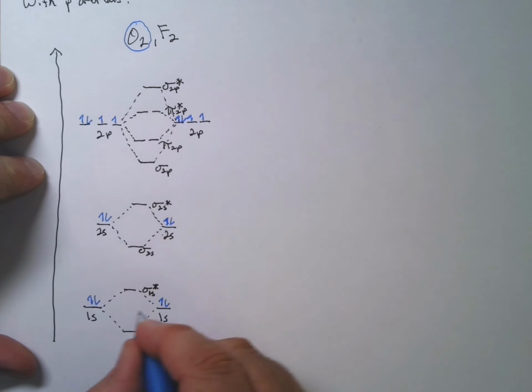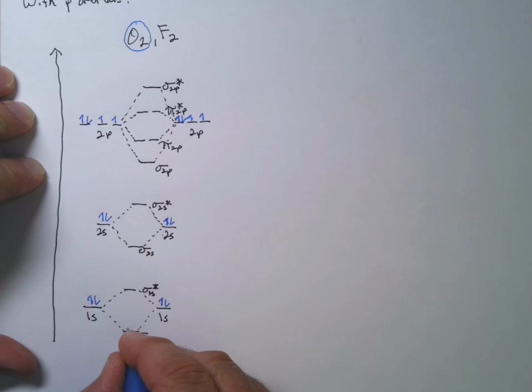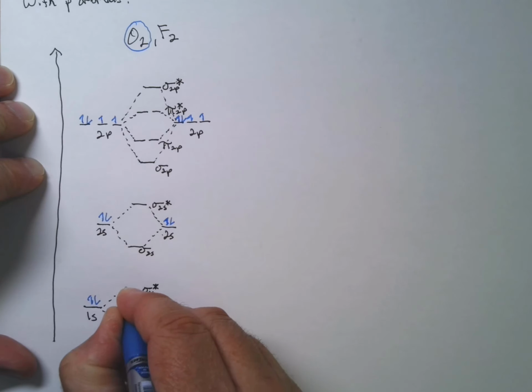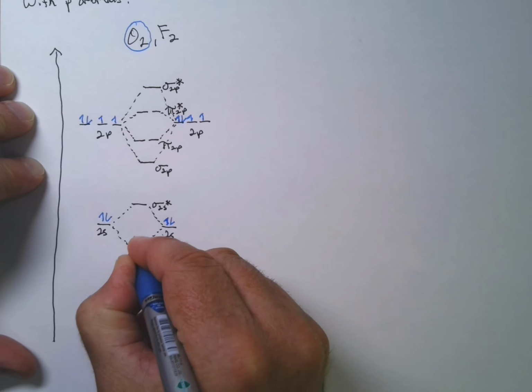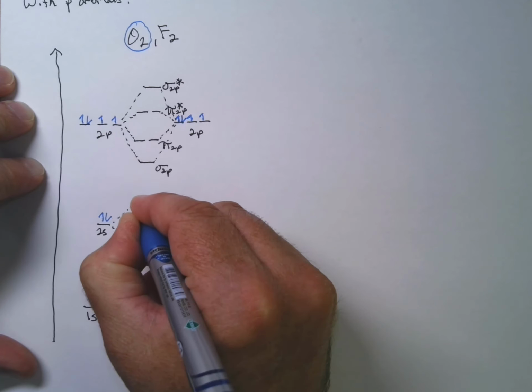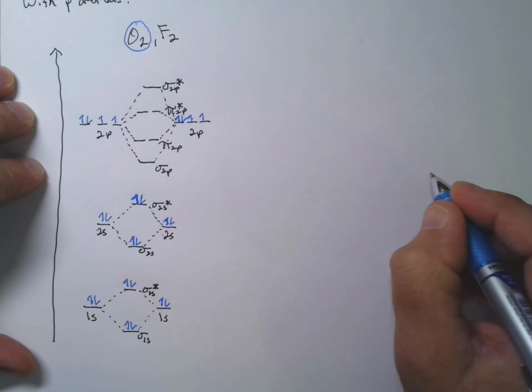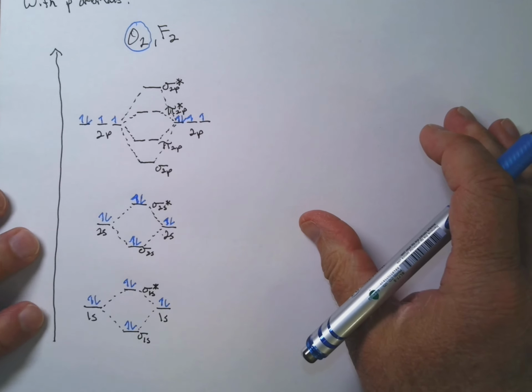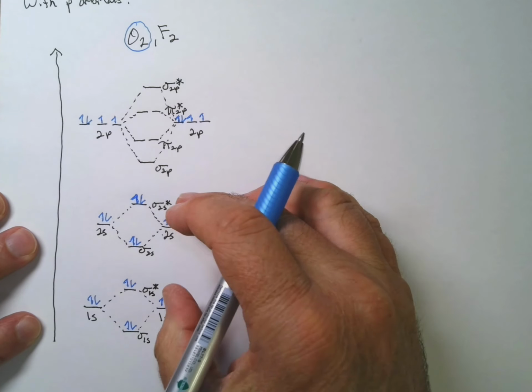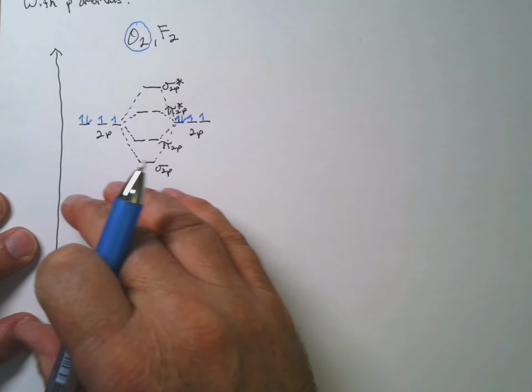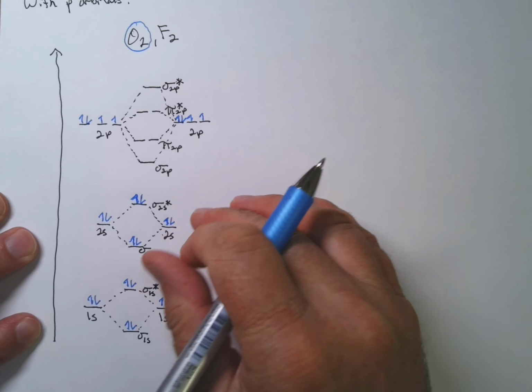And now let's go ahead and combine and fill in our molecular orbitals. So our sigma 1s and sigma 2s orbitals and the sigma stars for those are completely full, so these aren't going to contribute to bonding.